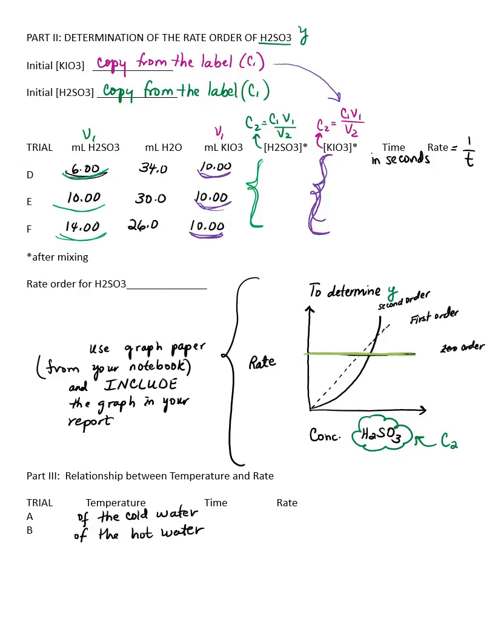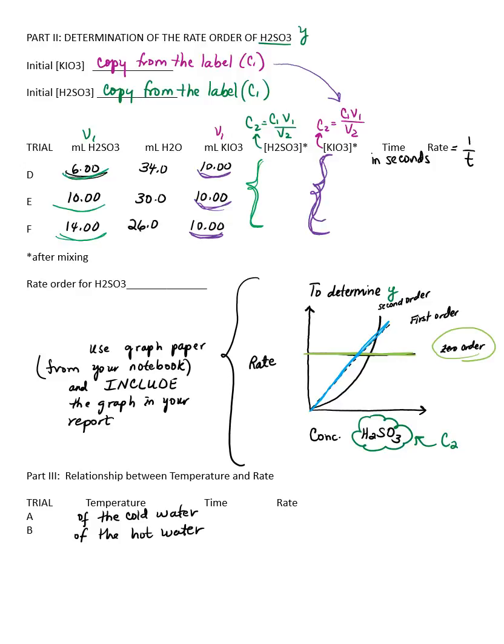If the concentration changes but the rate remains the same, that's a zero order. If the rate changes by the same factor that the concentrations are changing, then you have a first order.